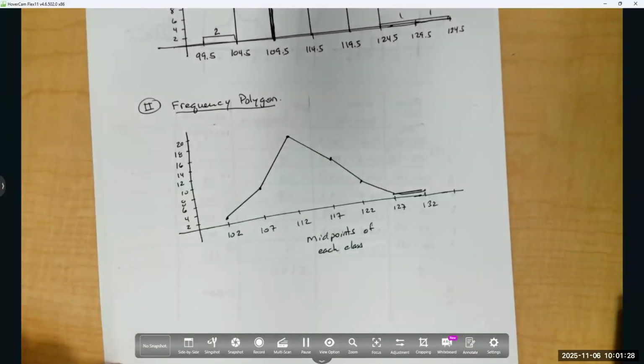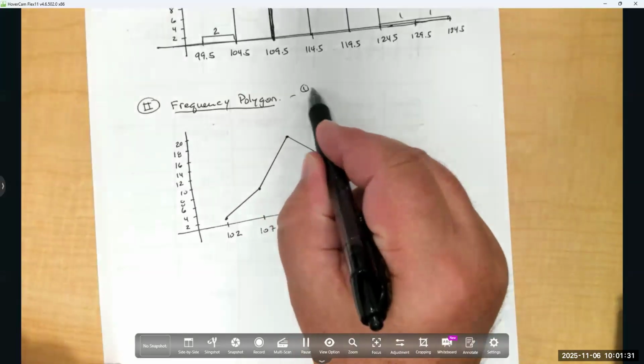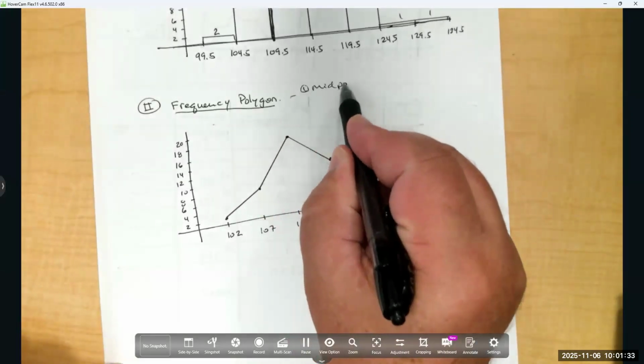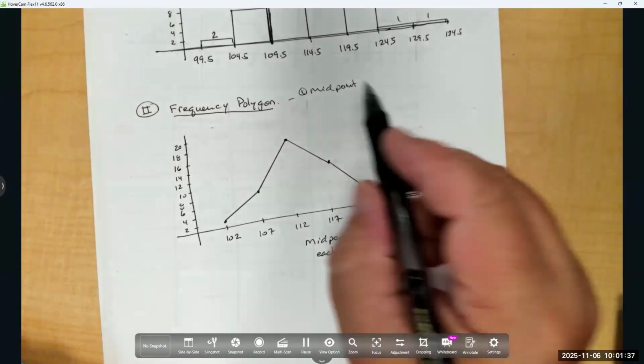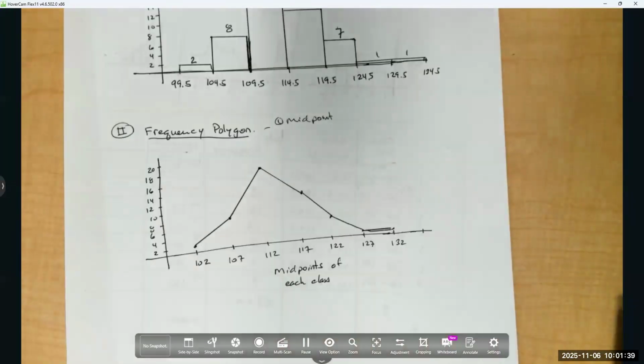So for the frequency polygon, you first have to find the midpoints of each class. And then those are the points that you're going to use to represent that interval.